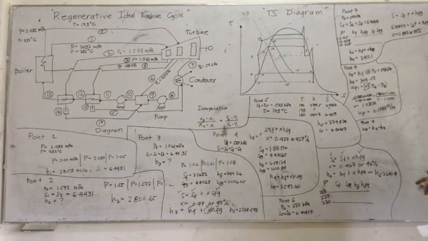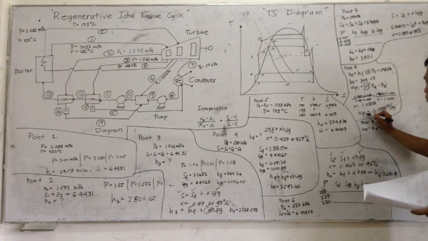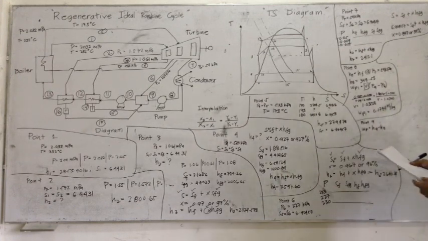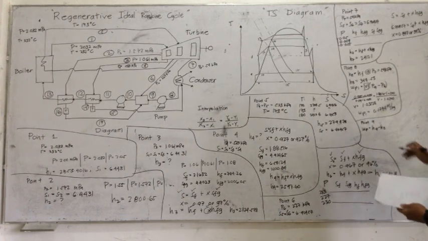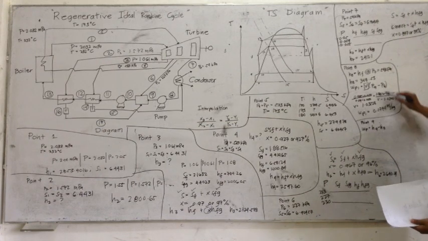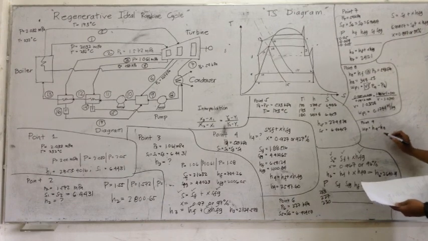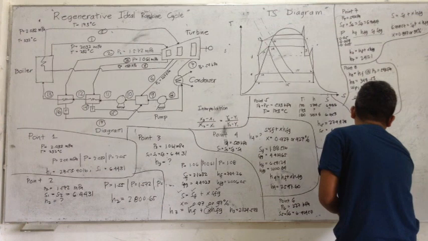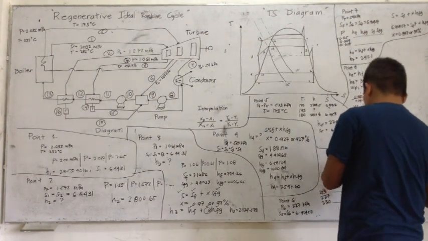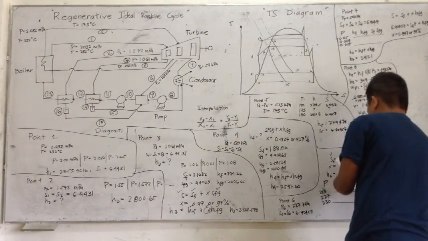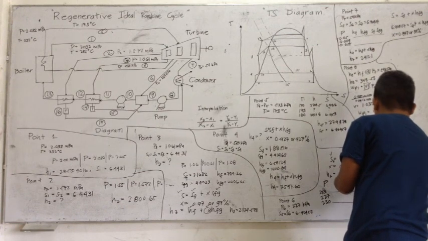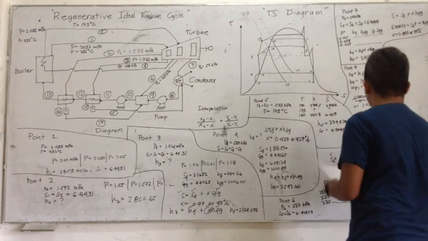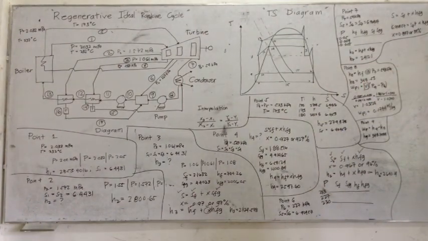We already have the work of pump 1. By directly substituting H8, which is 348.53, in our formula, we can say that H9 is equal to 348.7084. So we are finished at point 9.